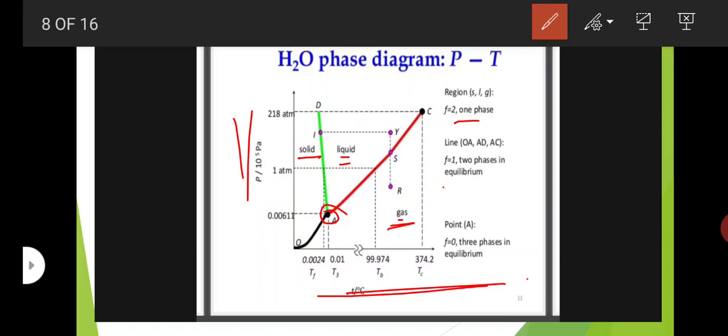But lines are having two phases, so here the F value is 1. This is the triple point. Here three phases are present, so the degrees of freedom value F is 0. Okay students, this is about the phase diagram of water.